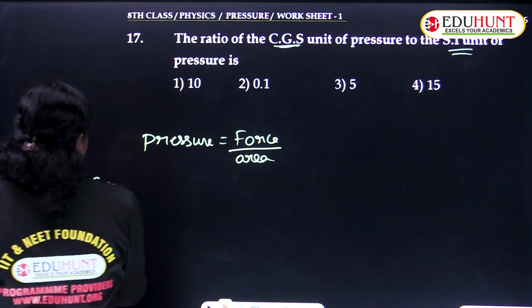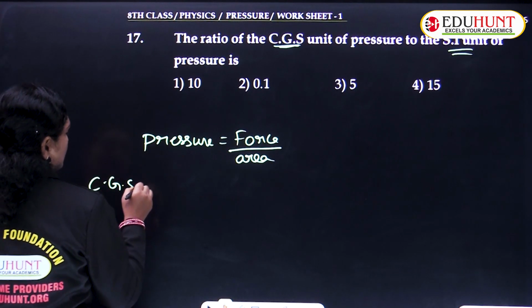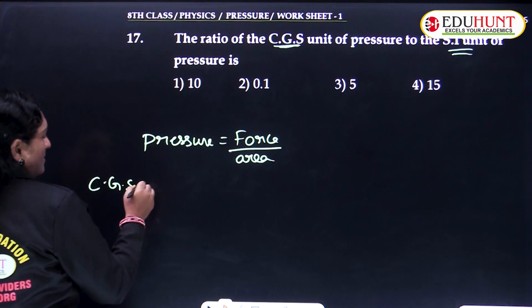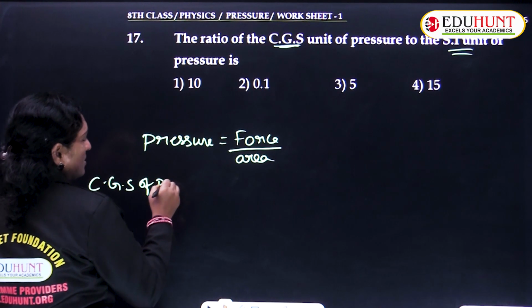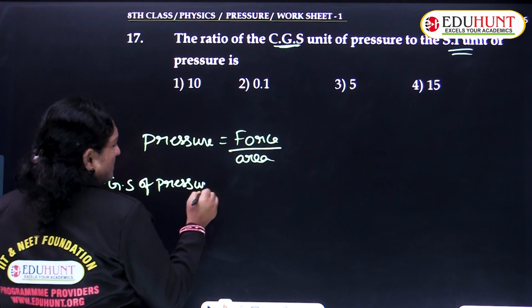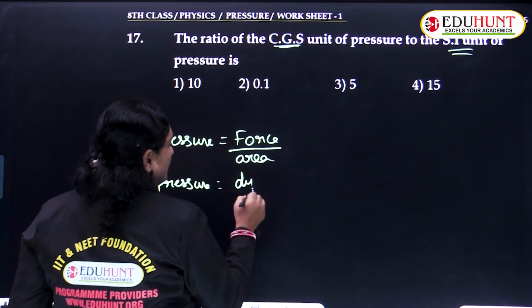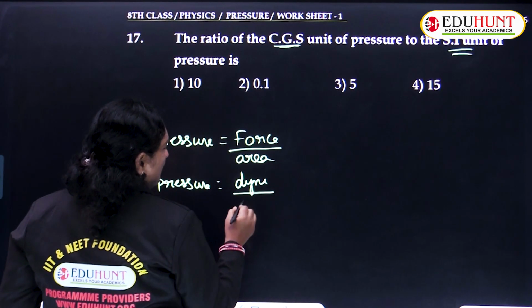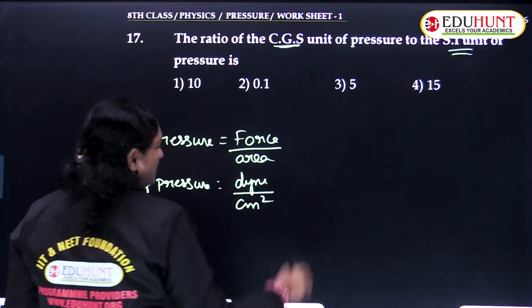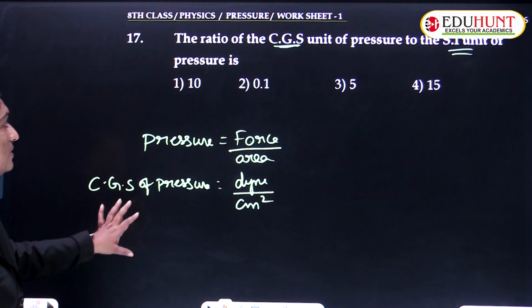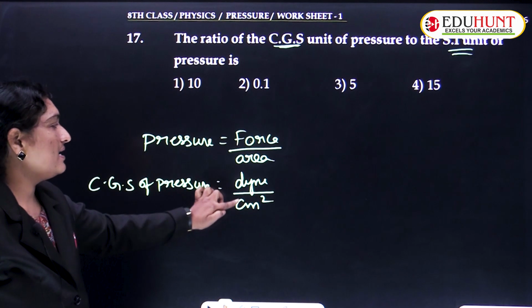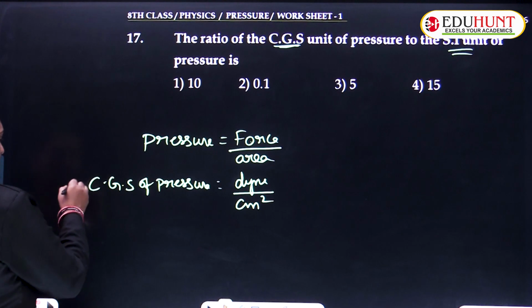First, let us discuss the CGS unit of pressure. The CGS unit of force is dyne. The CGS unit of area is centimeter square. So CGS, it is dyne per centimeter square, first case.